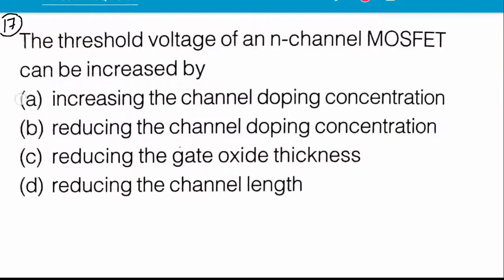This is option number A. But in case of P-channel MOSFET, we have to decrease the doping concentration to increase the threshold voltage.